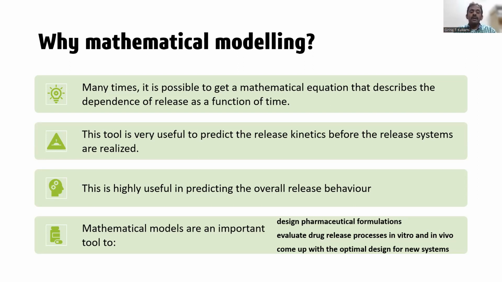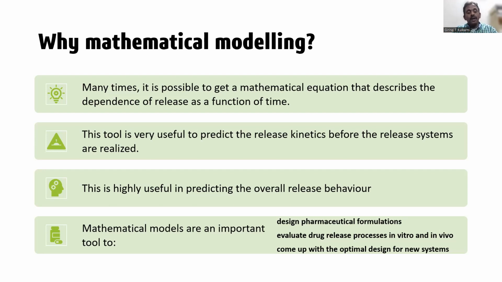Mathematical models are most important for designing pharmaceutical formulations, because when you know the dissolution profile, we can modify it according to the need. Dissolution mathematical models are also useful to evaluate drug release processes in vitro and in vivo.